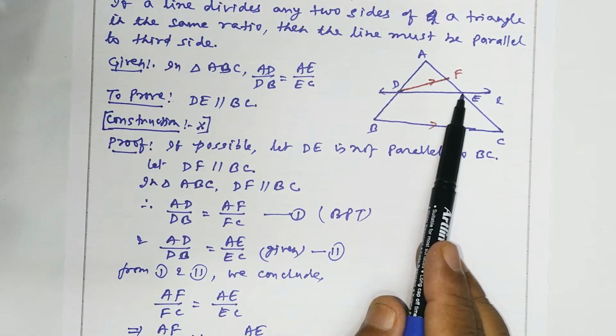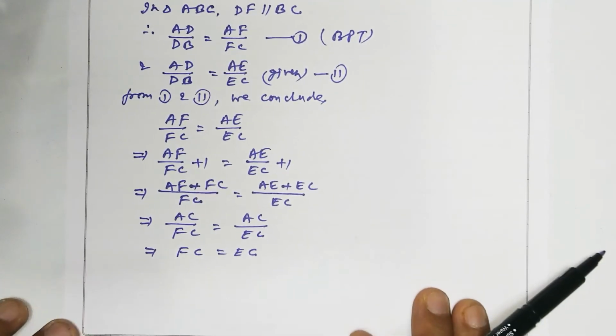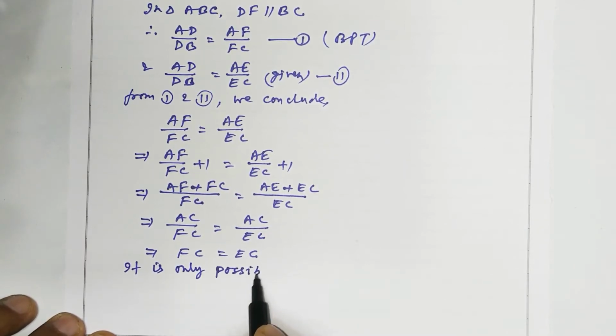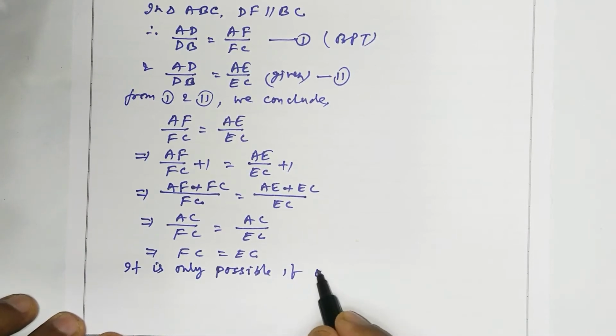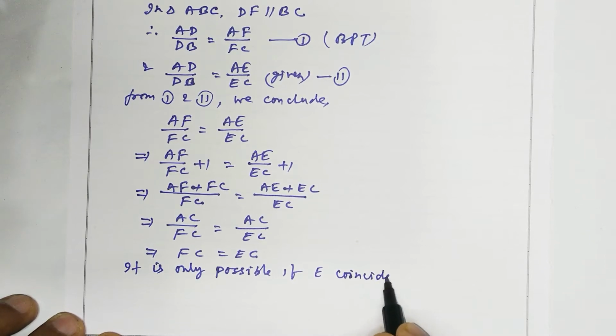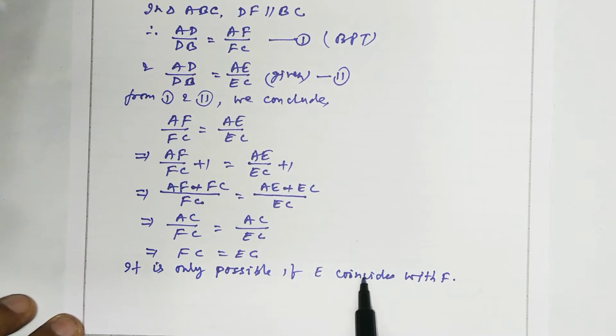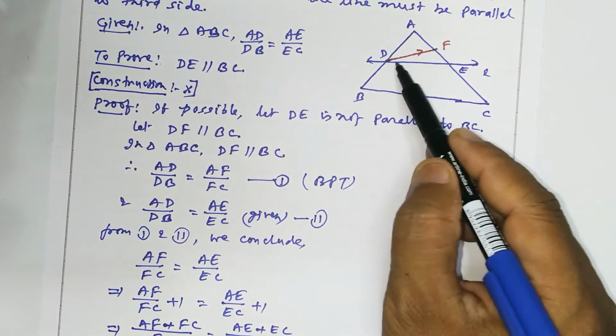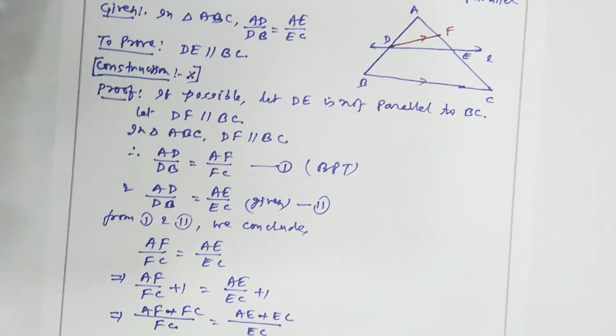So F must be at E. So FC equal to EC is only possible if E coincides with F. So E and F are not two different points, both are the same point. Therefore, if these two are the same point, then DF and DE are not two different lines, both are the same line.